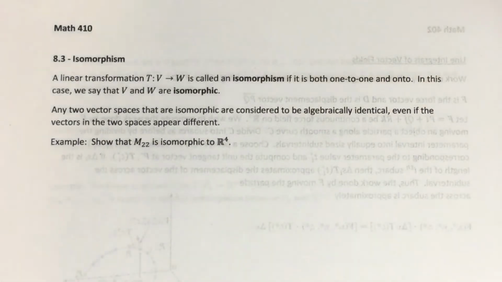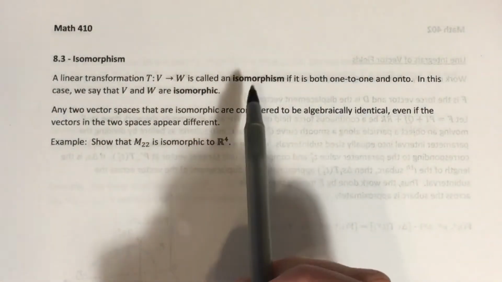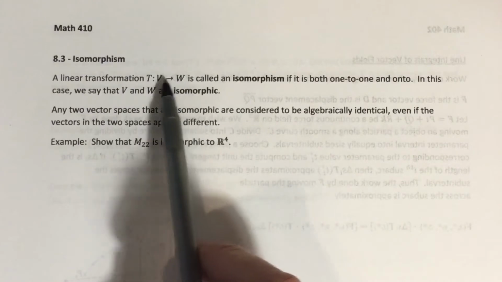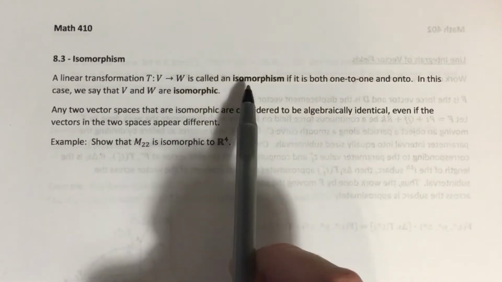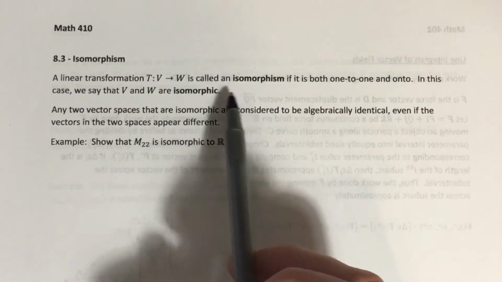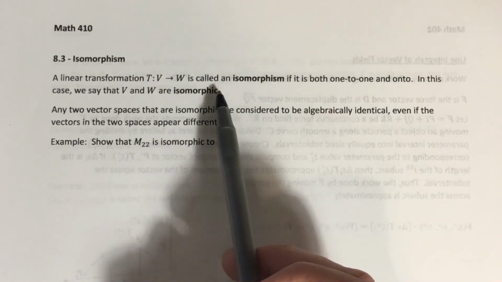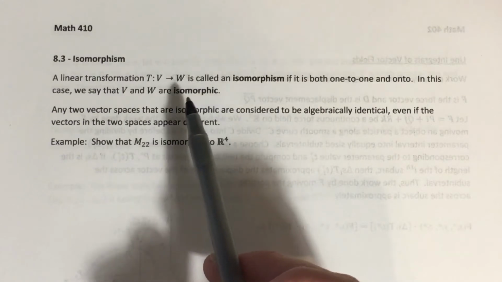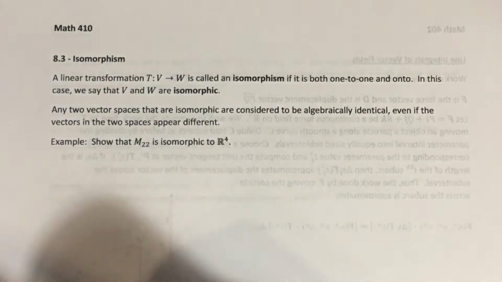Now, when we talk about isomorphisms, the isomorphism says more about the relationship between the vector spaces themselves than it does about the function that defines it. And this is a perspective on functions that takes a little bit of getting used to for students of mathematics that start at linear algebra and go on from here.